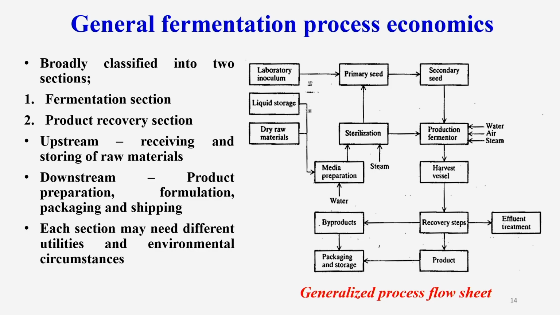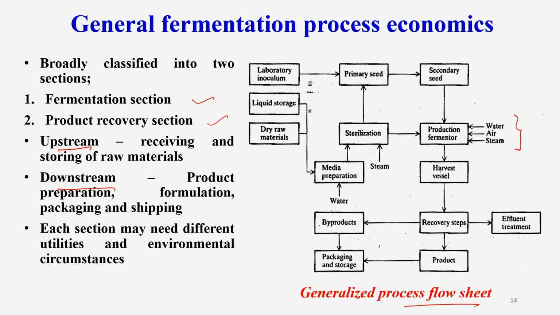Now, as we know, particularly in the bioprocess, you can consider the fermentation section and product recovery section, or you can say upstream as well as the downstream processes. So, this is a generalized process flow sheet. If you just see, it starts with laboratory inoculum, primary seed, secondary seed, then it is going to the fermenter. There you require water stream, air stream.